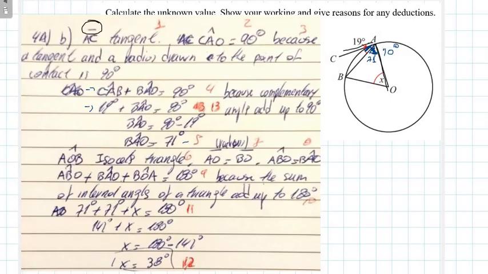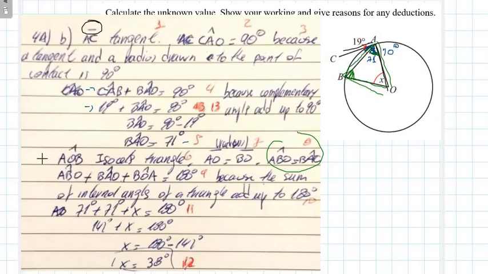Again, here you have to copy and paste, okay? AOB is an isosceles triangle. Then AO and BO are equal. Why? Because they are radii of the circumference. And you can say ABO, this angle, and BAO, this angle, are equal, because the angles at the base of an isosceles triangle are equal.